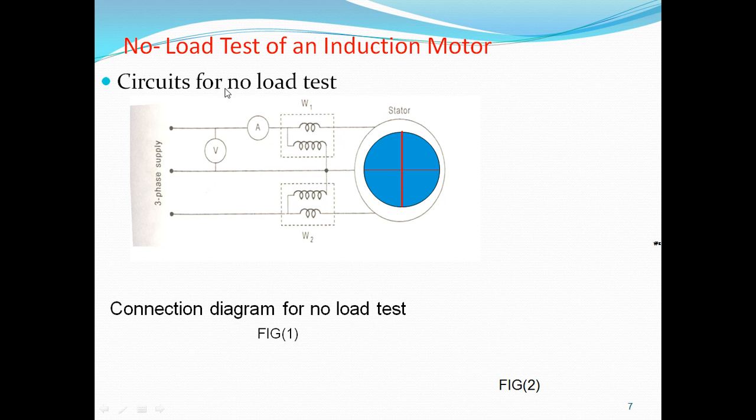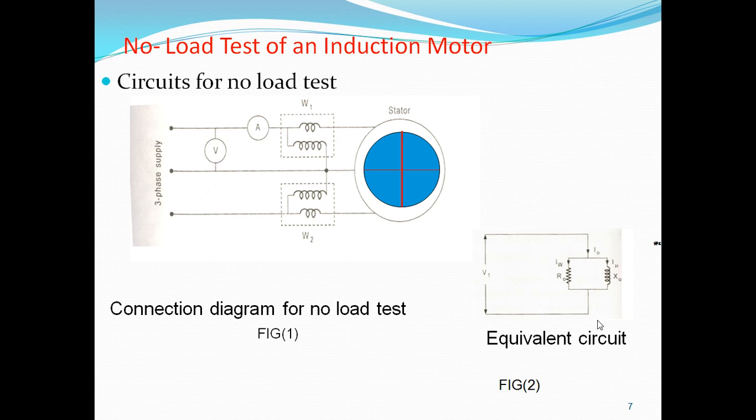In this circuit diagram, we give the supply to the stator through two wattmeters W1 and W2. So total power is equal to W1 plus W2, through ammeter and voltmeter.